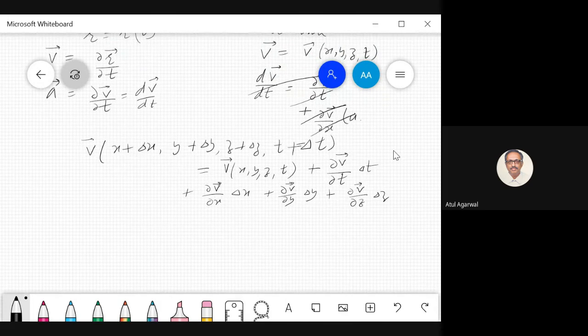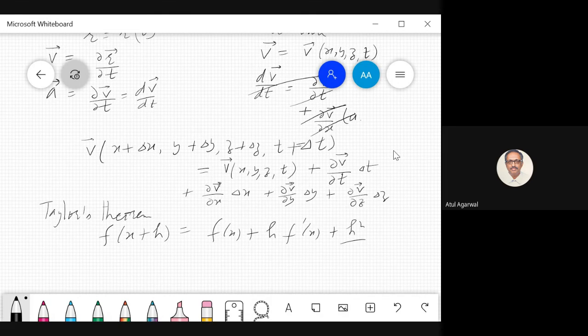Have you heard of Taylor's theorem in mathematics? Yes, sir. If it is in a single variable, so you have seen this equation?